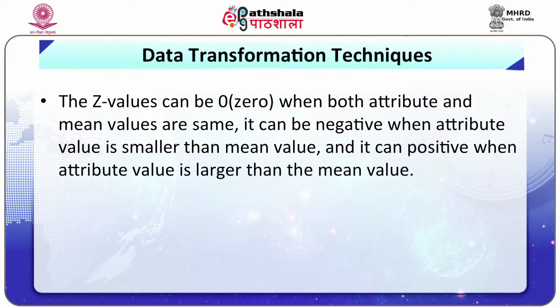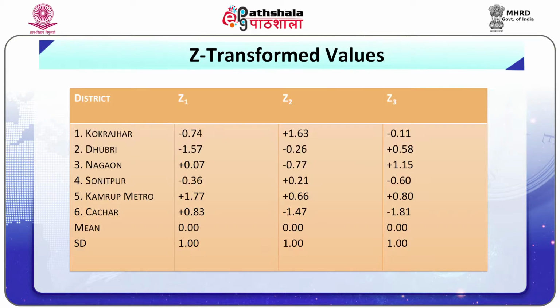It can be negative when attribute value is smaller than mean value, and it can be positive when attribute value is larger than the mean value. Hence, aggregation of these Z values is possible, and it gives relative cumulative magnitude of all the attributes. Table 7 shows Z transformed values of each observation of the above data of table 6.